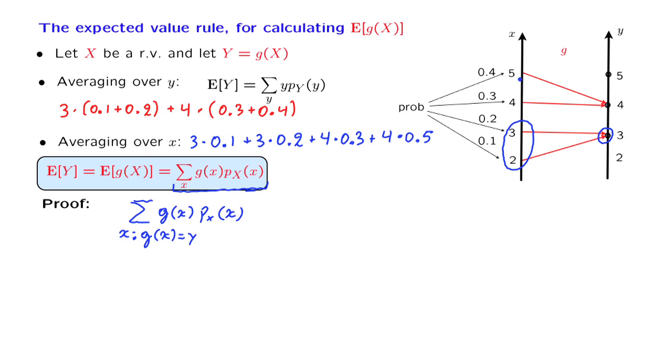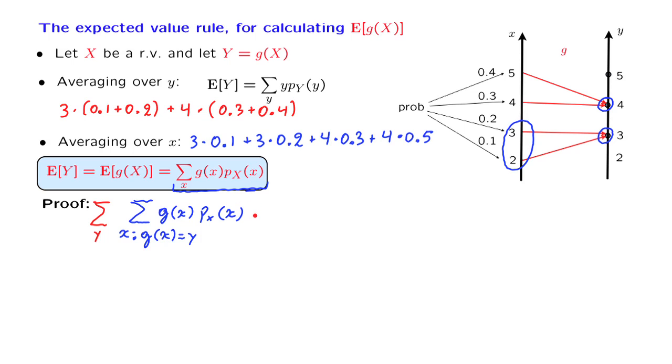But in order to exhaust all x's, we need to consider all possible values of y, and this gives rise to an outer summation over the different y's. So for any fixed y, we add over the associated x's, but we want to consider all the possible y's.